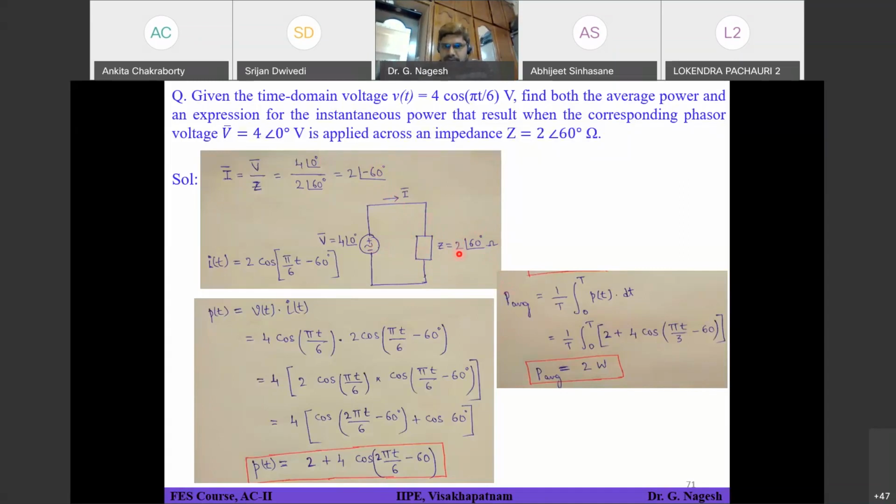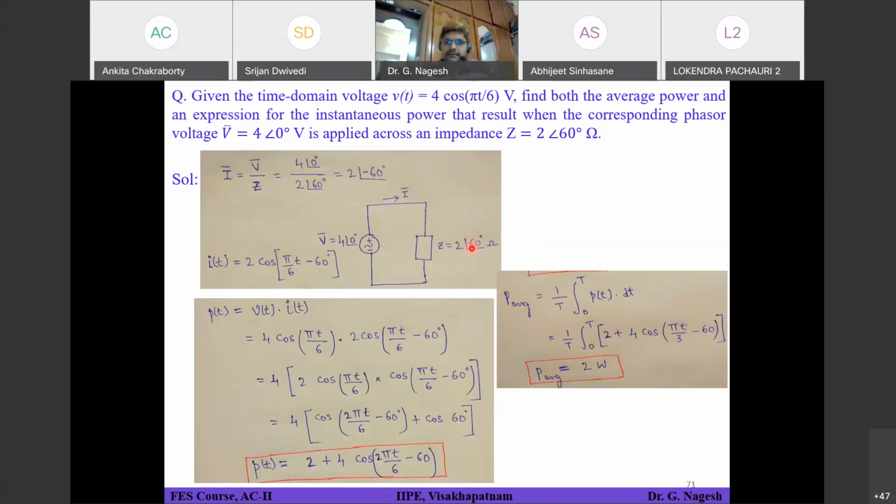Or if you see this impedance Z equals 2 at an angle of 60 degrees, that means you have something real plus j omega L. That's why you are getting plus 60. If you get plus some phase angle in the impedance, the nature of your load is inductive.